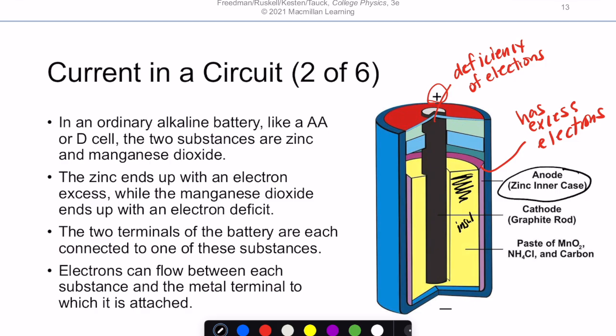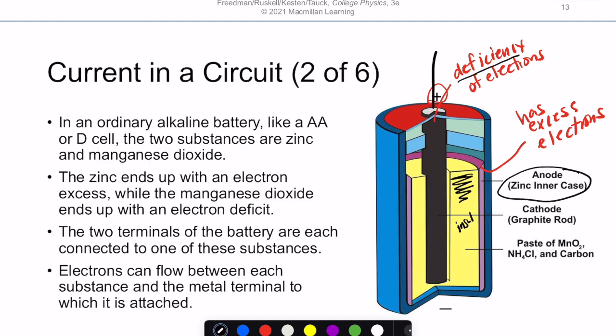And that's important because when we connect this battery to a circuit, we want to establish a potential difference. We don't want the two parts of the battery to have the same potential. So what you do is you hook up one part of your circuit to the little centerpiece on the top, and that's the positive terminal. And the positive terminal has a positive potential because it's lacking electrons, right?